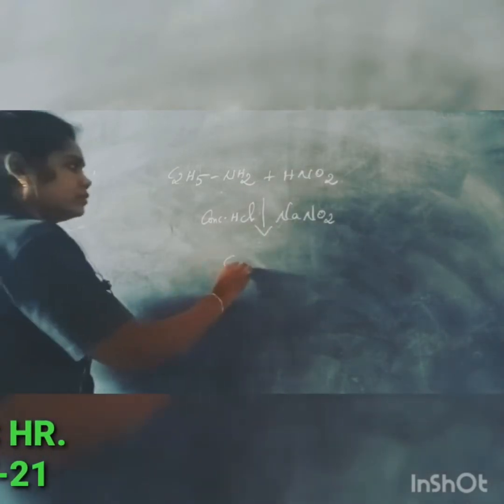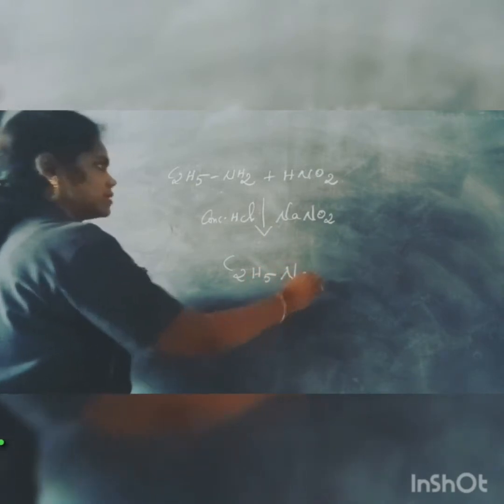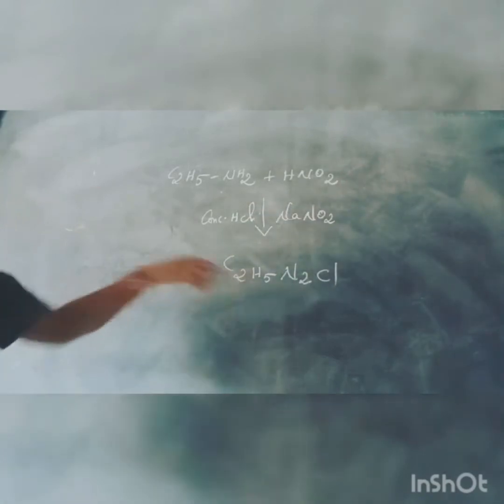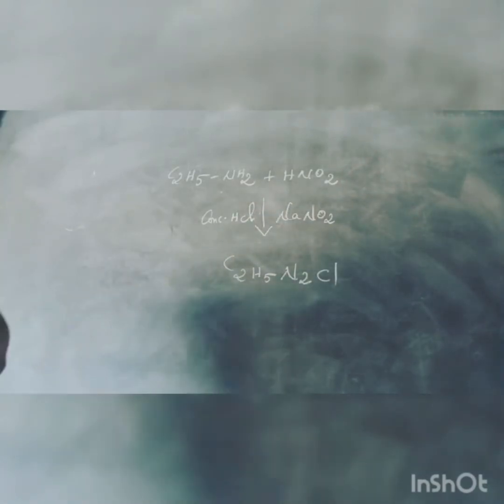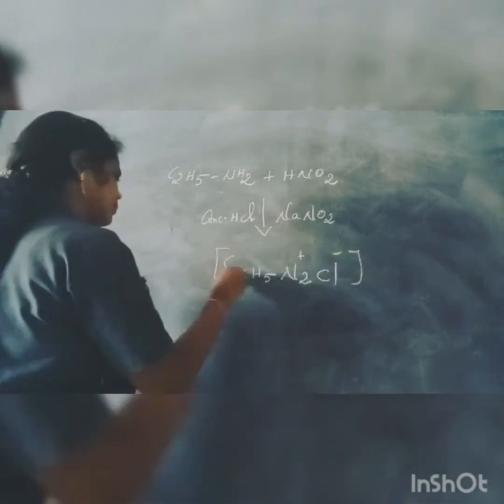C2H5N2Cl, this is ethyl diazonium chloride, N2+ Cl-. This is the unstable compound.